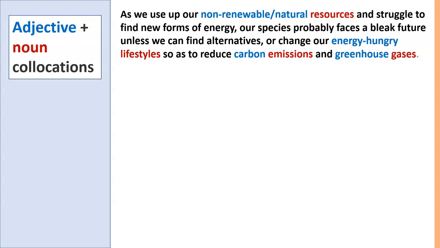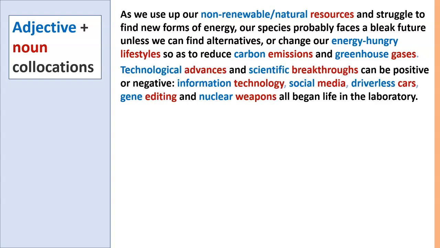We can refer to energy-hungry lifestyles, when people use a lot of energy in their day-to-day living, and carbon emissions, a very useful phrase if you have an essay on the environment. And this is the amount of carbon gas, such as CO2, that we pump out into the atmosphere. Greenhouse gases is a similar concept. So there are lots of environment-related collocations which you can use here.